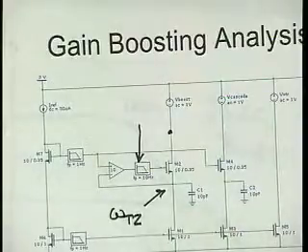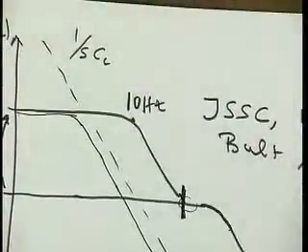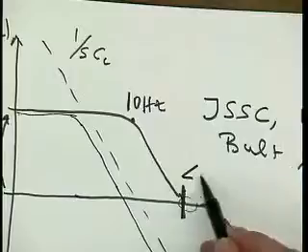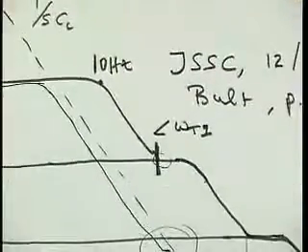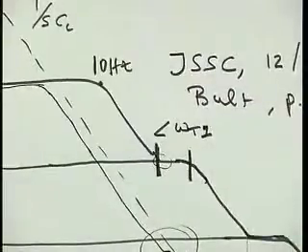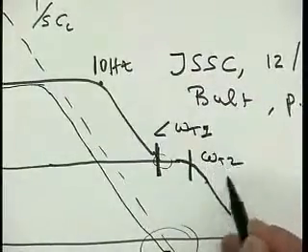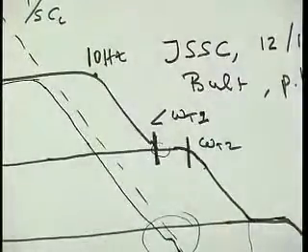Otherwise we get peaking or even ringing or oscillation. So the unity gain bandwidth of this thing, this frequency here, better be less than omega t2. Otherwise we get instability. And well, what is this frequency here? This is omega t2, right? That's why. What limits the cascode? Well, omega t2.